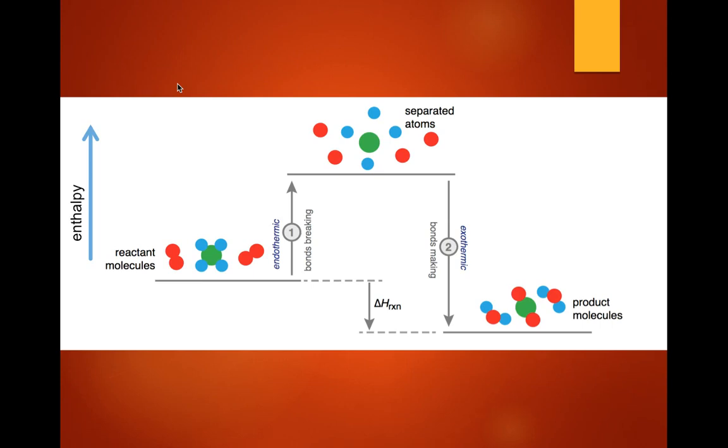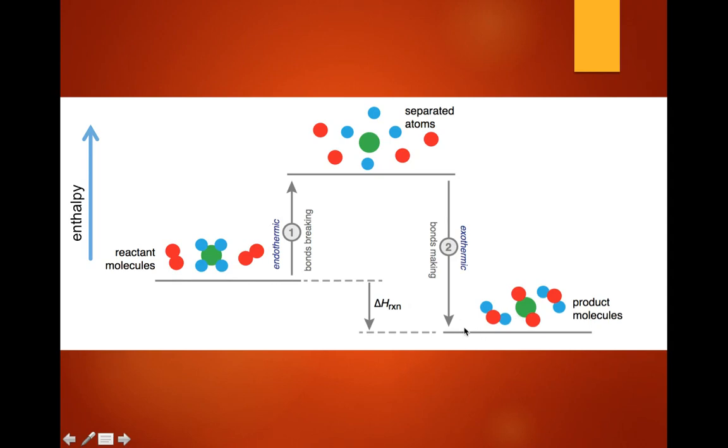Now, do you see the energy that we started with is different than the energy that we ended up with? Do you see that? It took less energy to break those bonds. Let me rephrase that.